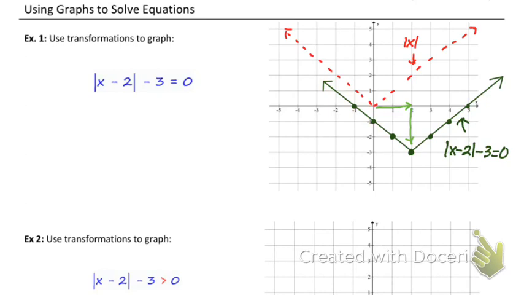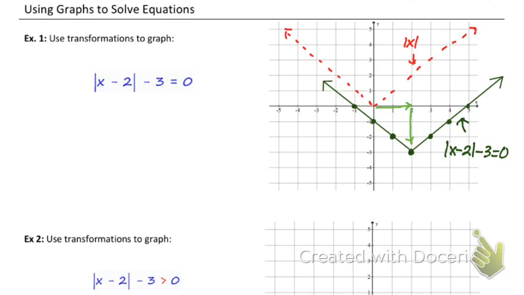So it's asking you what x value has an output of 0. And note, if I plug in 2, I get out -2. If I plug in 1, I get out, I'm sorry, that would have been -3. If I plug in 1, I get out -2. If I plug a 0 in, I get out -1. If I plug a -1 in, I get 0 out.